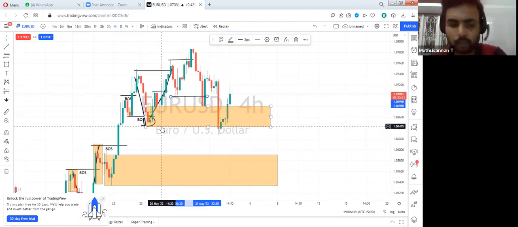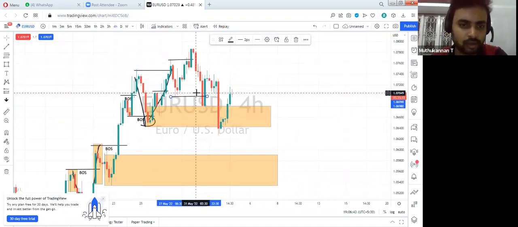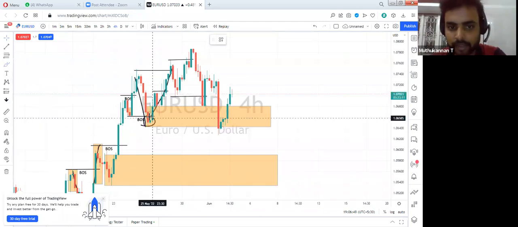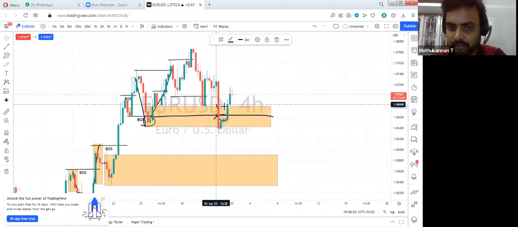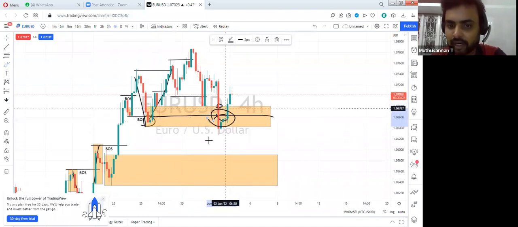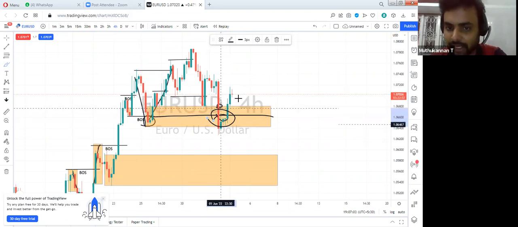However, you don't need to worry about whether this zone is going to work or not. You don't need to get confused, because we are not going to take a trade here. I'm insisting again that we are not going to take a trade here or here. We are not going to buy here. We will be confirming the entries, and only then will we take a buy entry.